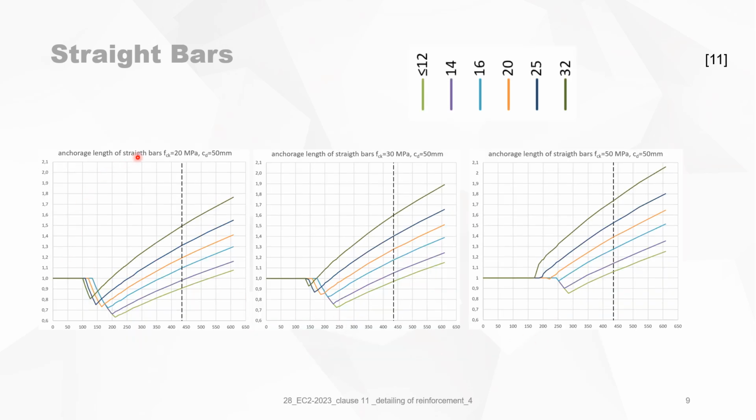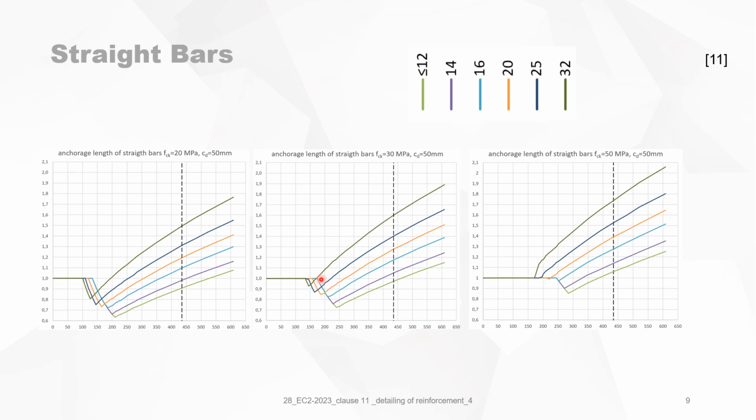And then again, for the three concrete qualities investigated, we can put the graphs of the ratio 2023 divided by 2004 against the steel stress in the reinforcement bar.